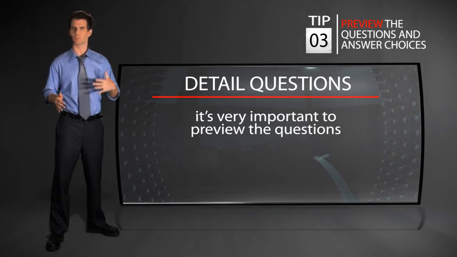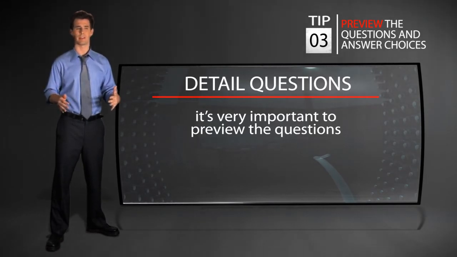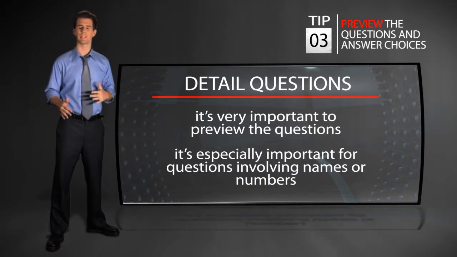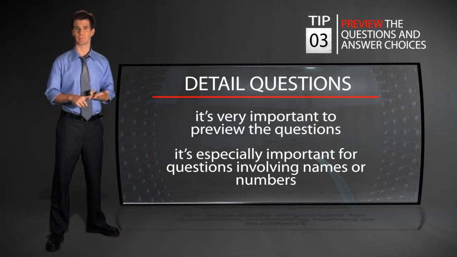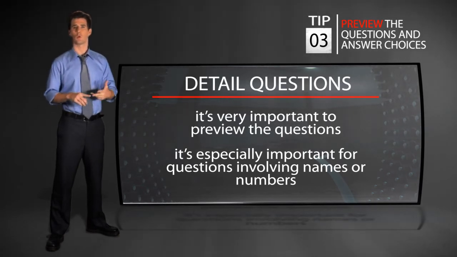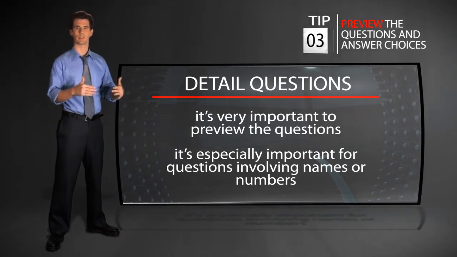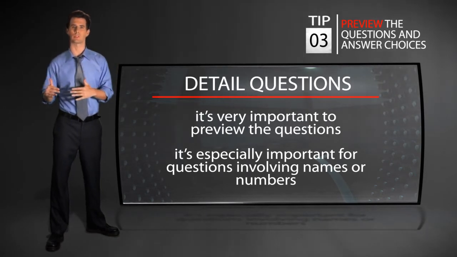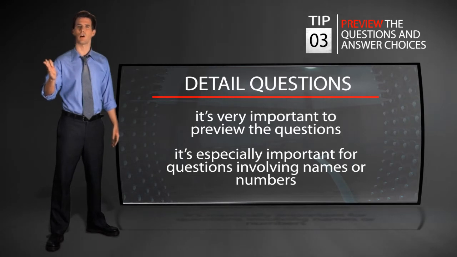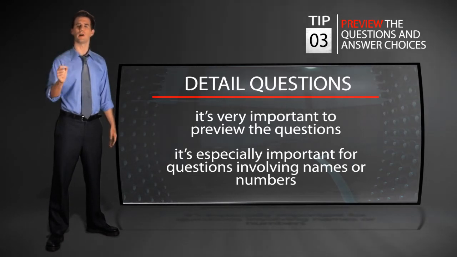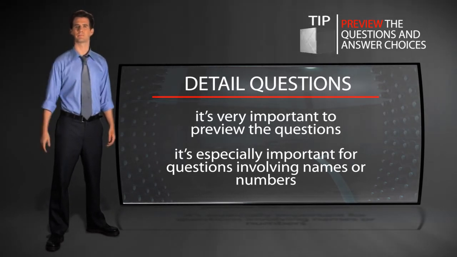If we don't preview the questions, then it is very difficult to remember all of that information we hear, especially with numbers or names. So for detailed questions, we need to preview the question and we need to look at the answer choices. That way we can be ready so when we listen to the short talk, we quickly know what information that we need.